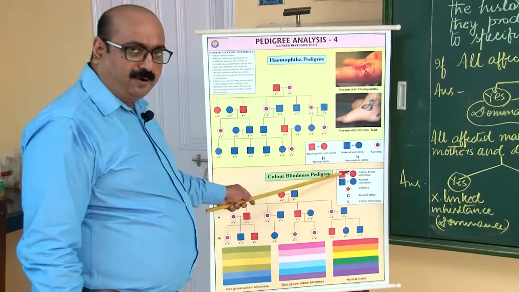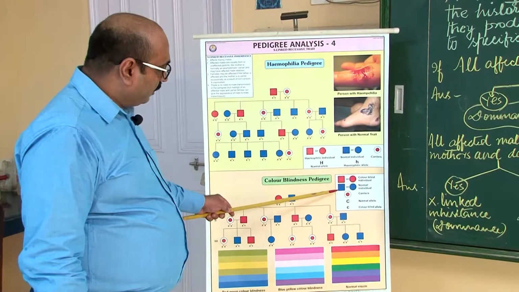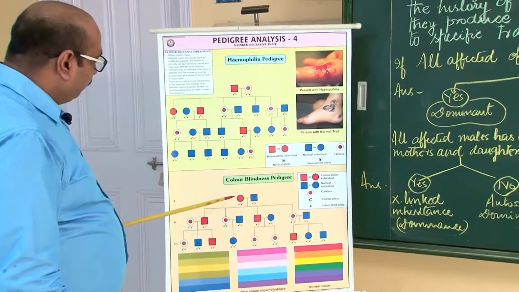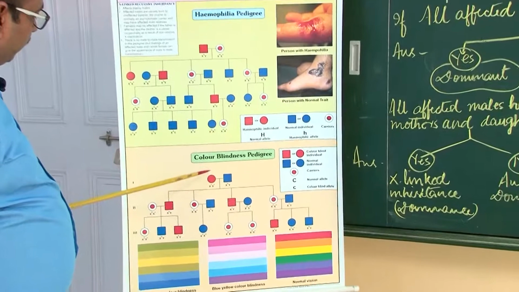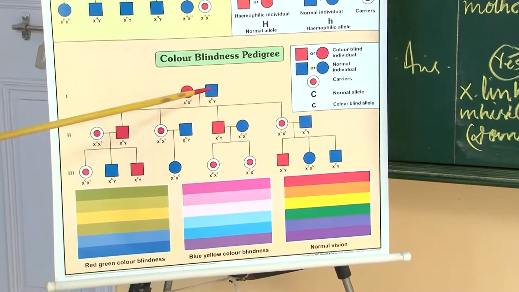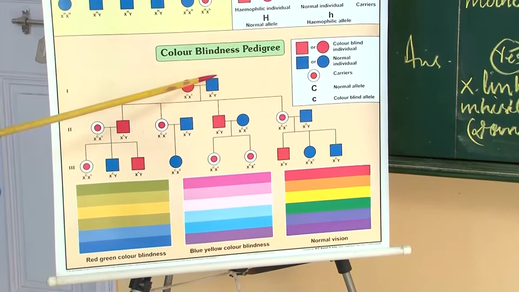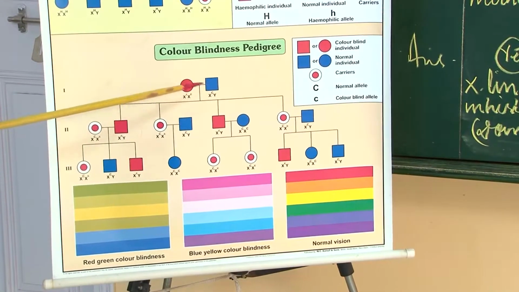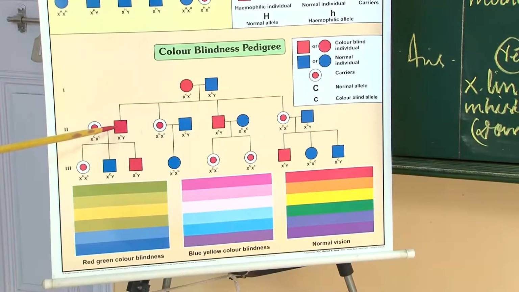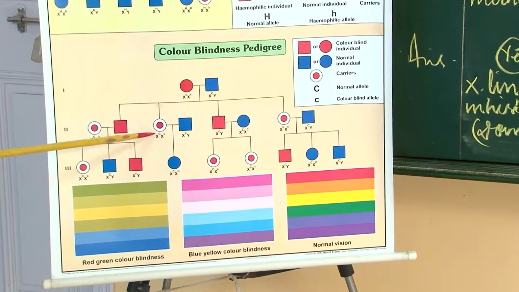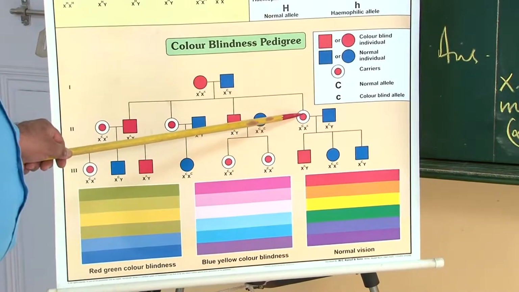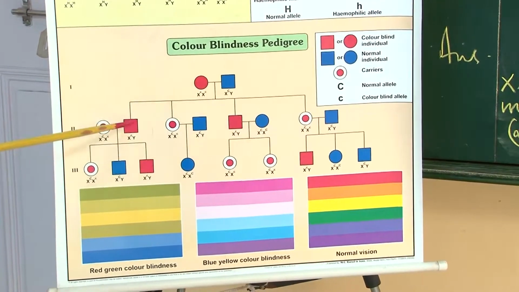The round symbols are for females and the squares are for males. The colored one is an affected female, and this is a homozygous female married to a male. In the first generation, the offspring include a male who is a carrier, another male who is affected, and a female who is a carrier, meaning all females are carriers.